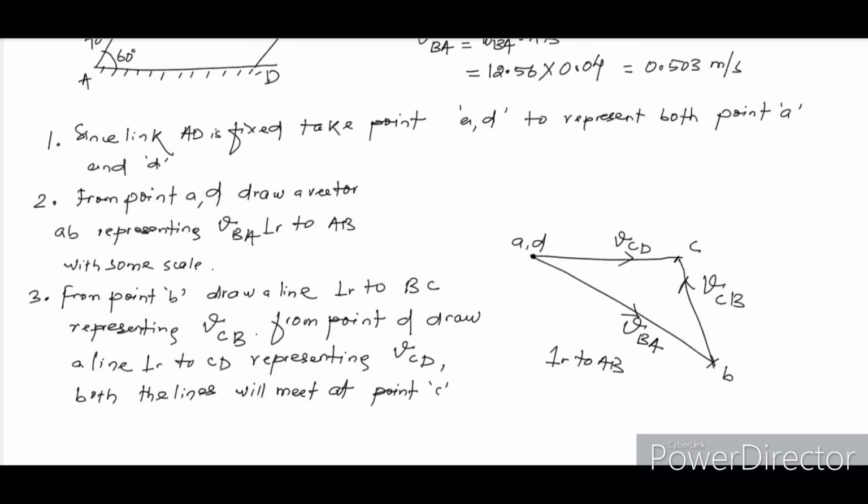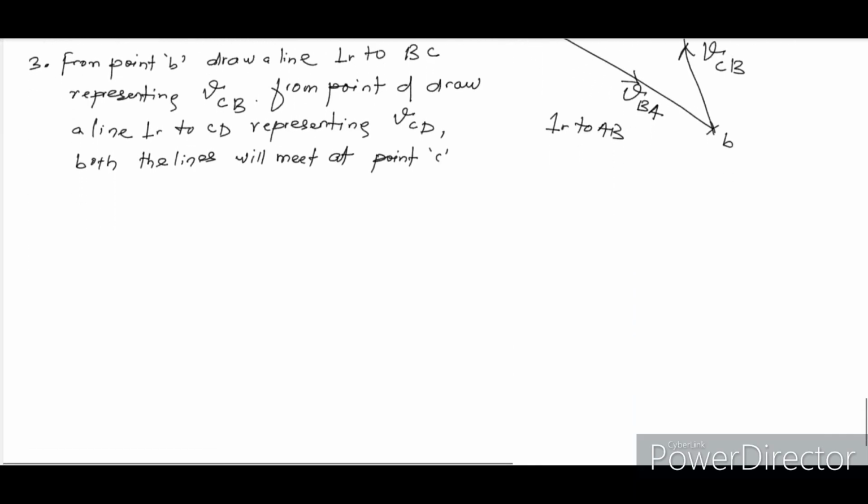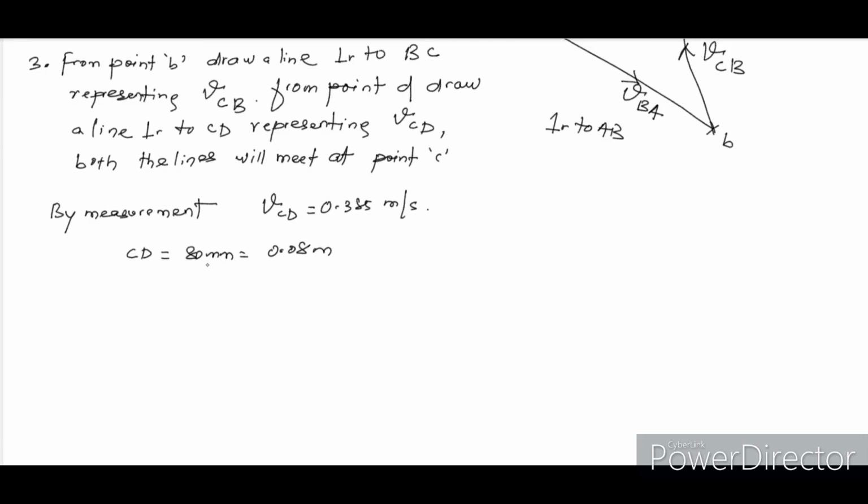Now by measurement, VCD is equal to 0.385 meter per second, and CD we know is 80 mm, which is 0.08 meter.